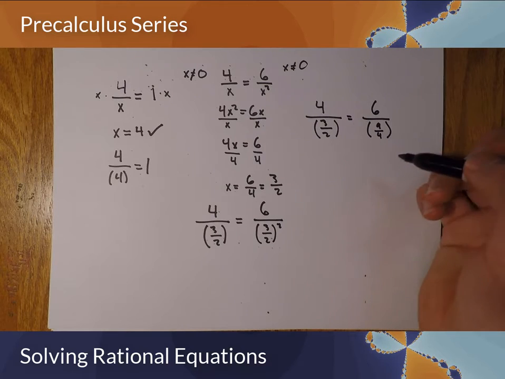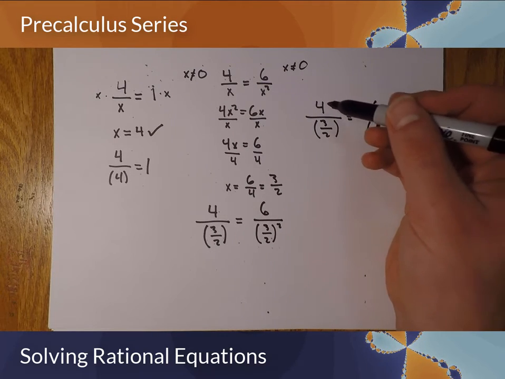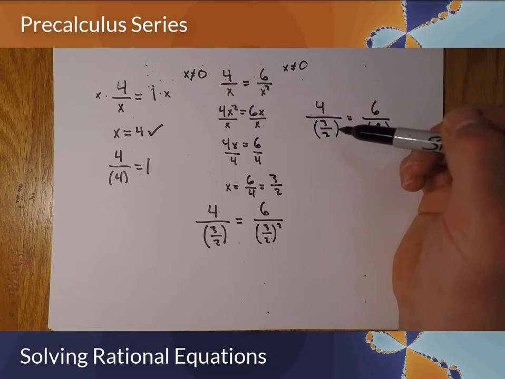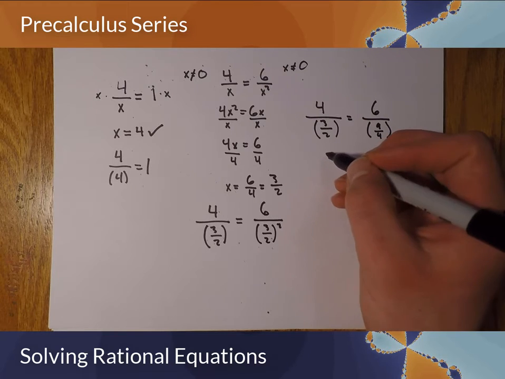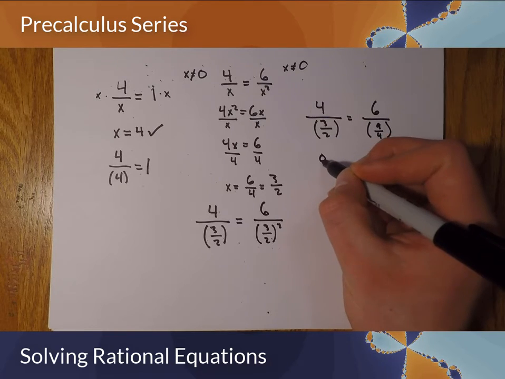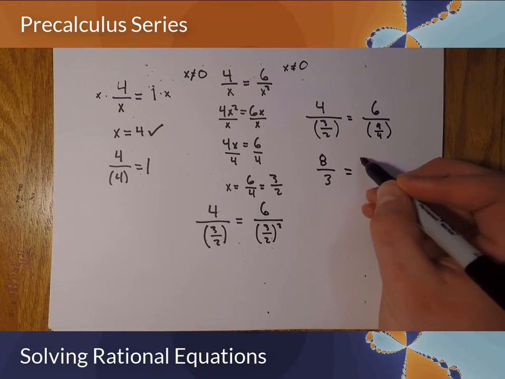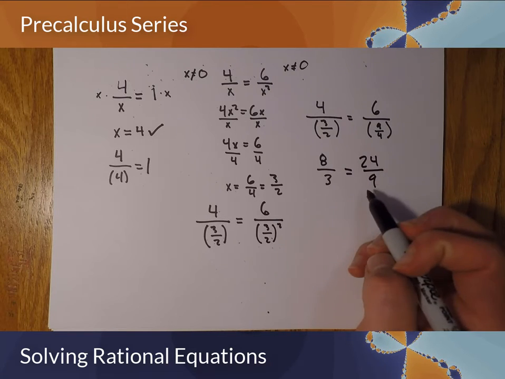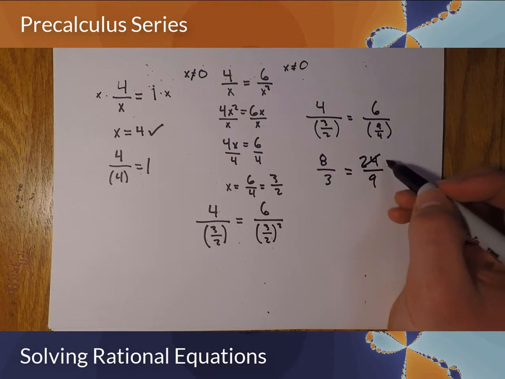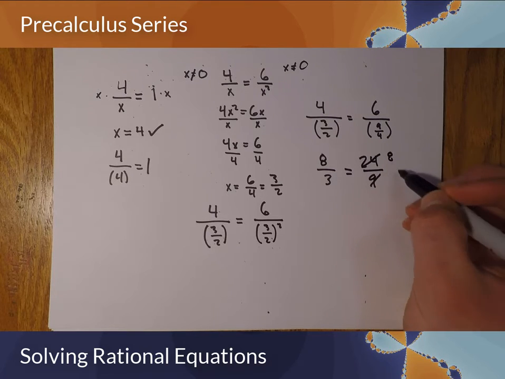And so now, we're just going to divide 4 by 3 halves. And because of the rules with fractions, we can say this equals 8/3, and over here we get 24/9. And does 8/3 equal 24/9? Well, yes. If we simplify this fraction, dividing both by 3, we get 8/3.